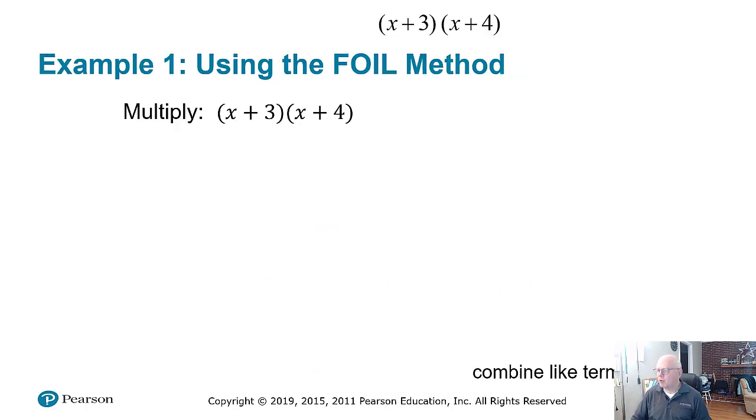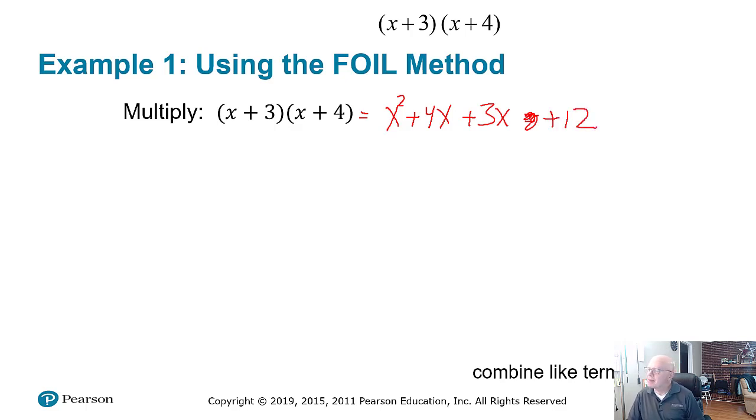So here's an example we can use. We want the product of these two binomials. First, x times x, x squared. Outside, x times 4 is 4x. Inside, 3 times x, 3x. And the last one, 3 times 4, plus 12.